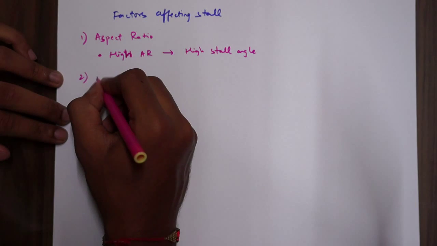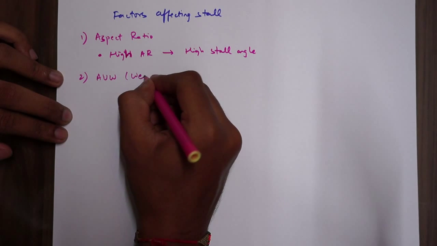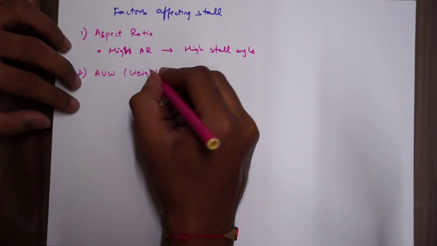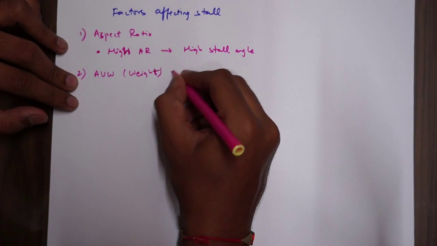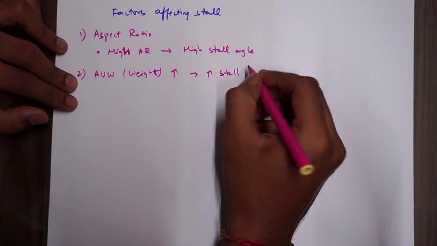Then all up weight, the weight of the aircraft. With an increase in weight, you have an increase in stalling speed.